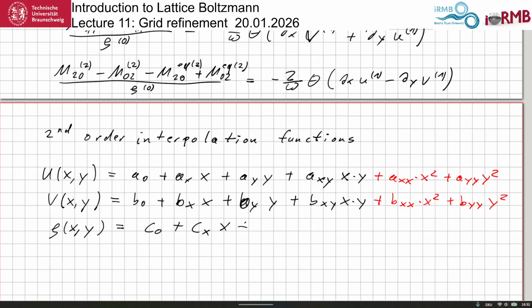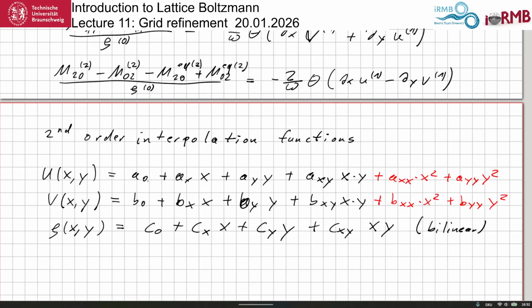There is an interesting trick how you can also use quadratic interpolation for rho, but this is a little bit more involved. So this here is bilinear. This I don't tell you in the lecture, therefore you have to read papers.